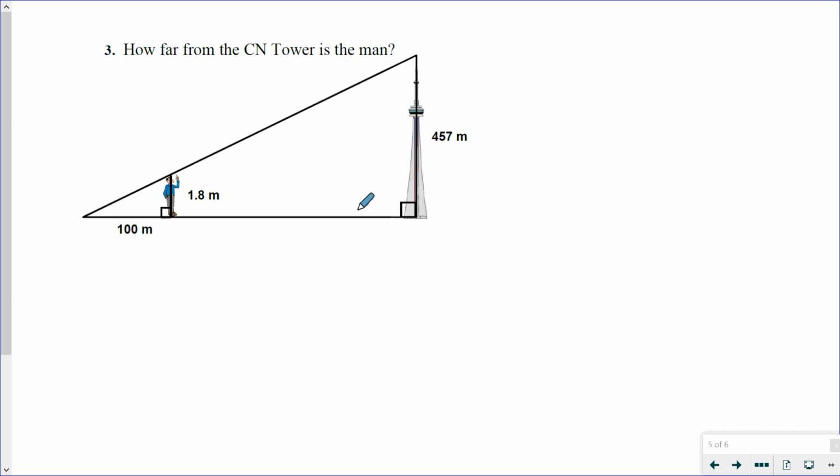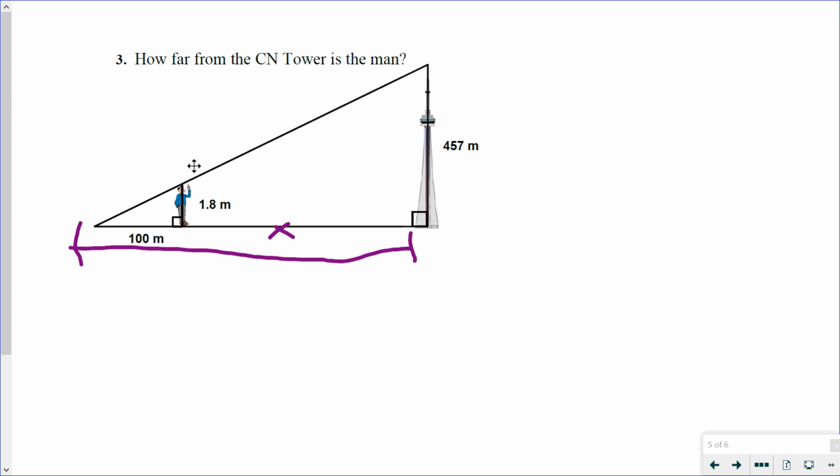And so we're going to let this distance right here be x. So the distance from the acute angle to the right angle is x plus 100.